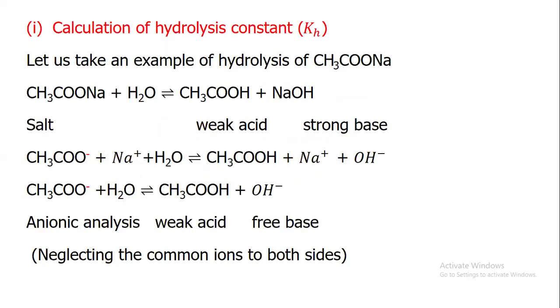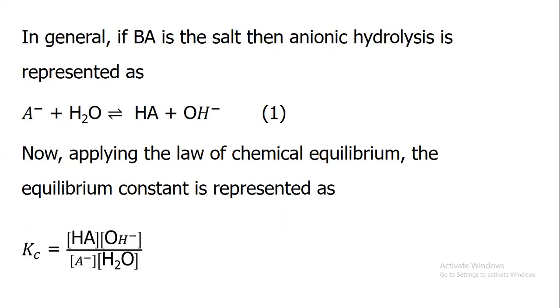Calculation of hydrolysis constant. Let us consider the example of hydrolysis of sodium ethanoate, which produces the weak acid ethanoic acid and sodium hydroxide. In anionic hydrolysis of a weak acid and strong base, neglecting the common ion effect on both sides, in general, if BA is the salt of HA, then anionic hydrolysis is represented by A minus plus H2O giving HA plus OH minus.